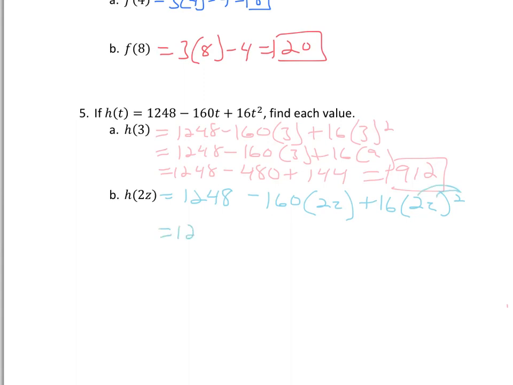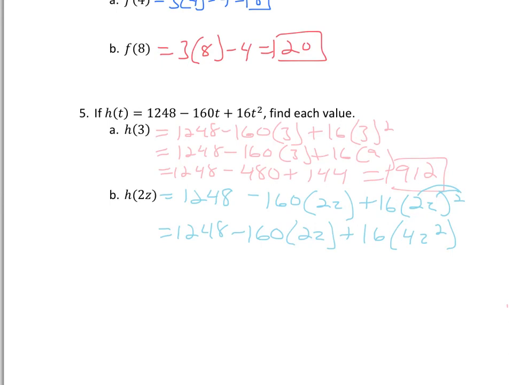So what that means is we've got 2 times z, or 2 times 2, which is 4, and z times z, which is z squared. So 2z quantity squared is actually 4z squared.